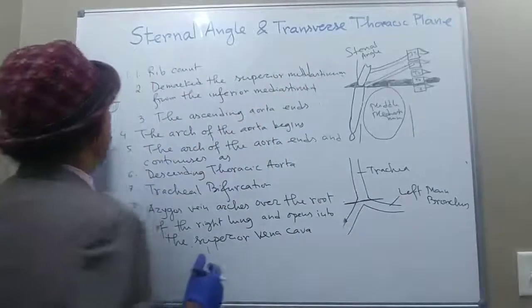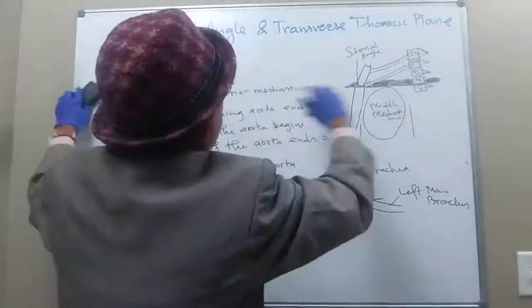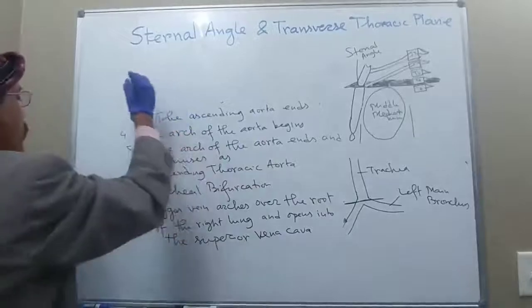Then pulmonary trunk, number 8, what is present at this transverse thoracic plane.